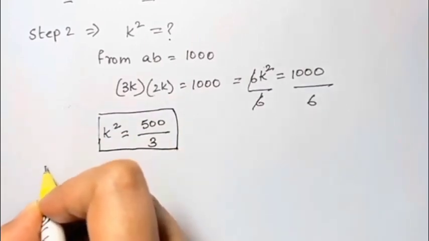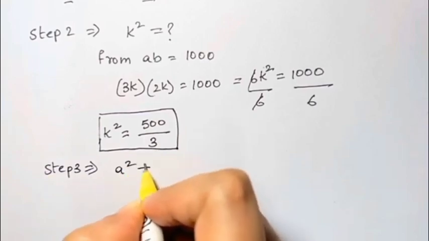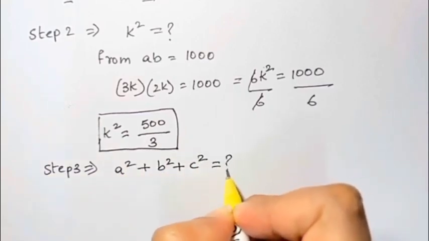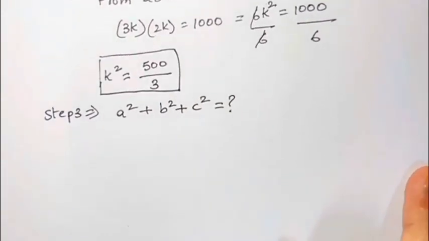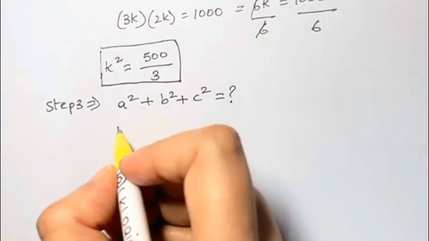Now the main step, step number 3, that is to find A square plus B square plus C square. So let's find out what is our A square plus B square plus C square. As we know, A is equal to 3K.